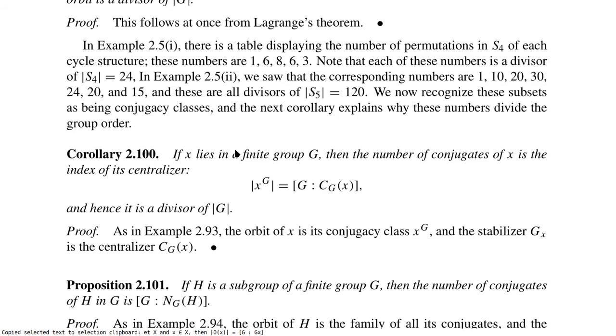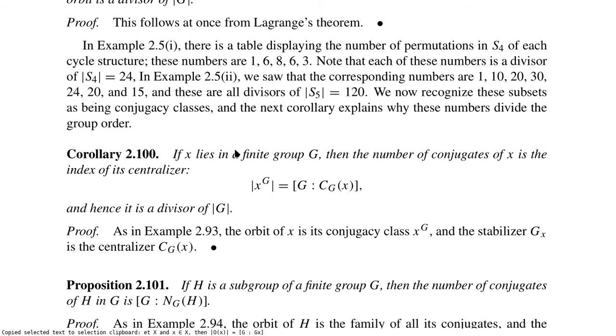Okay, so the next corollary is that if x lies in the group G, then the number of conjugates of x is the index of its centralizer, right? So the number of conjugates of x, that is the conjugacy class x^G, remember?